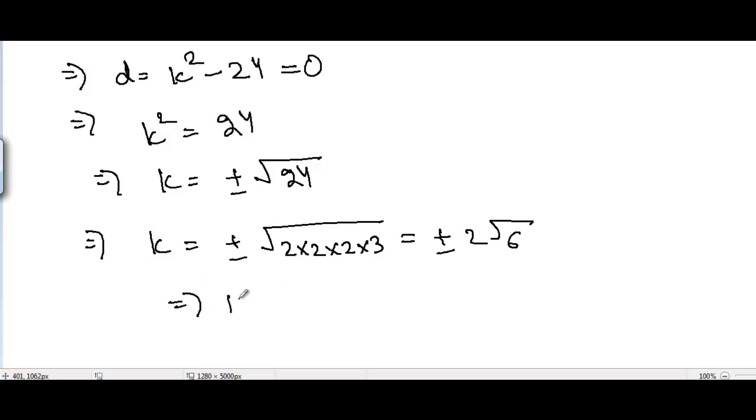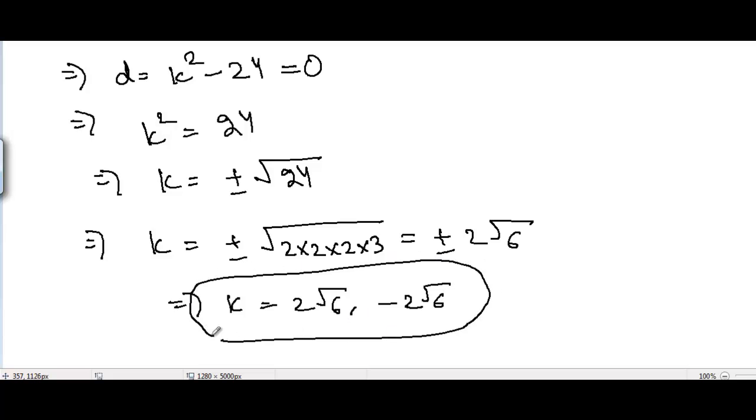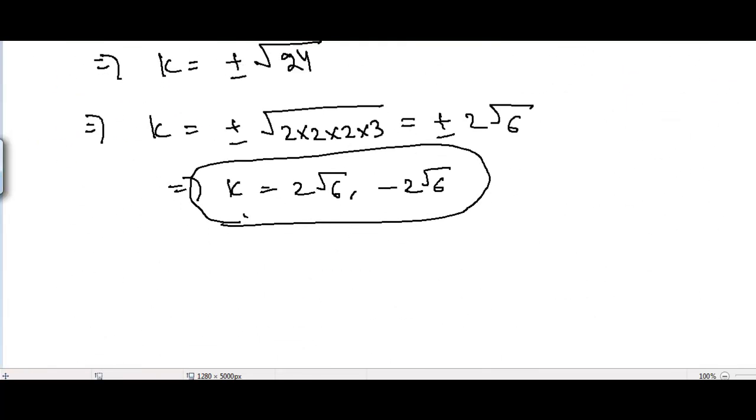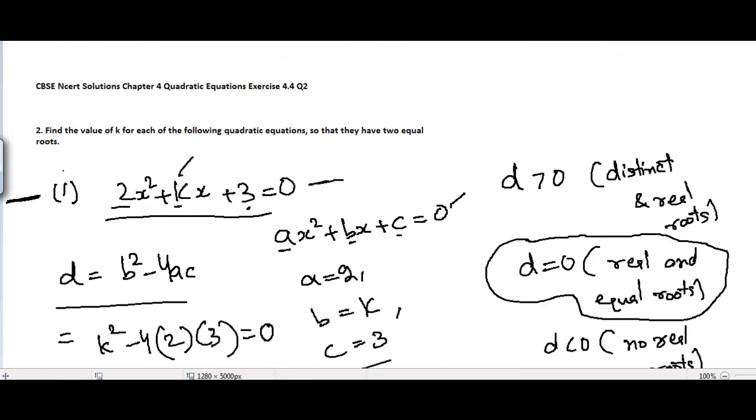So I have k equal to 2 root 6 and minus 2 root 6. These are the values of k, and this is the solution for the quadratic equation 2x squared plus kx plus 3 equal to 0. We get two values of k.